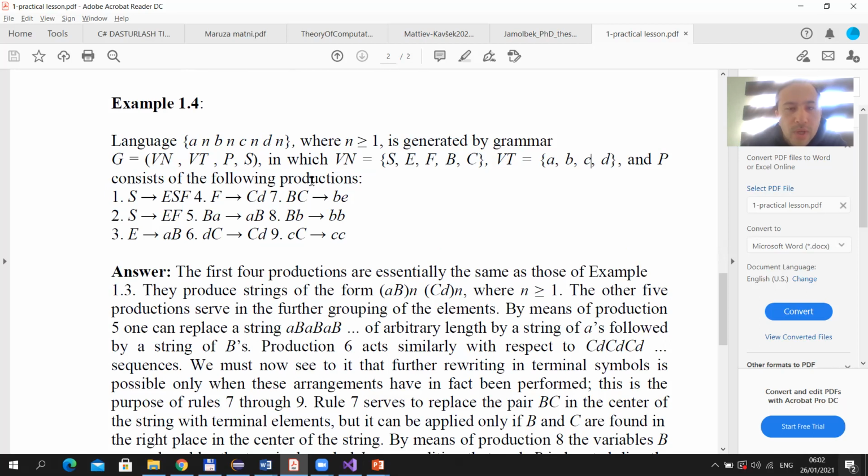It consists of the following productions: S goes to ESF, F is CD, BC goes to BE, S goes to EF. These two are from the previous example. As you notice, BA goes to AB, BB goes to BB, E goes to AB, DC goes to CD, and we have 9 productions.